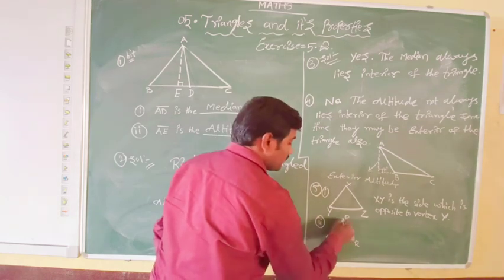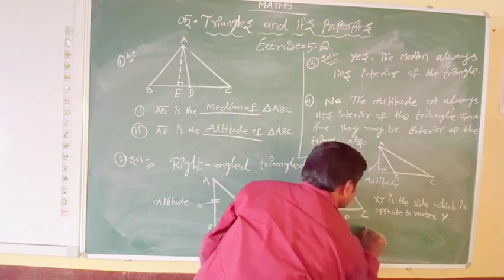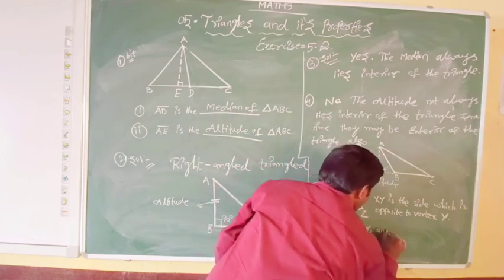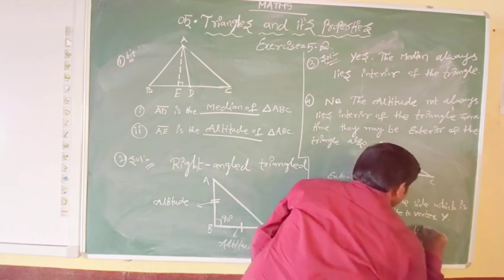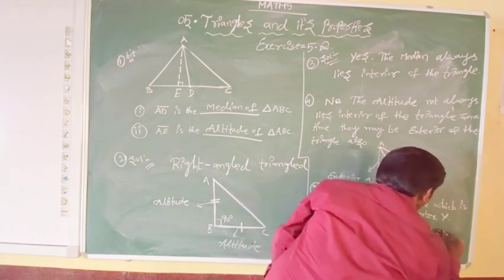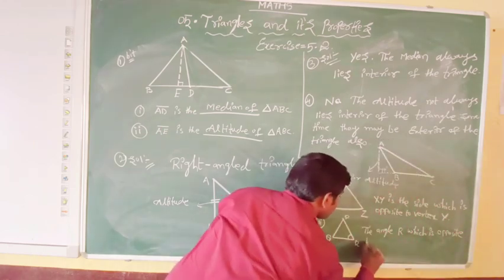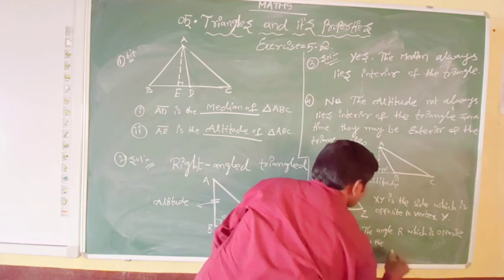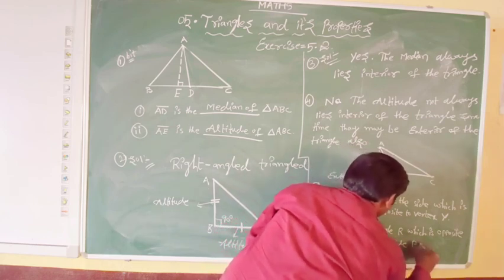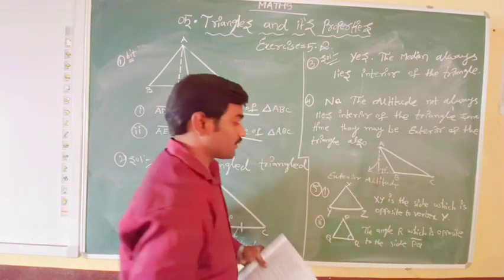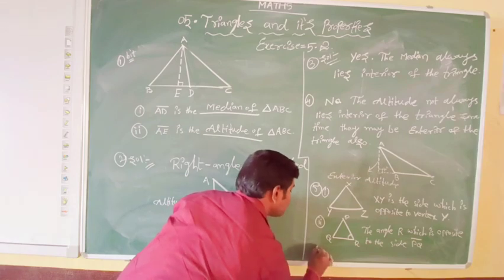Here the angle opposite to PQ is R. The angle R is opposite to the side PQ.